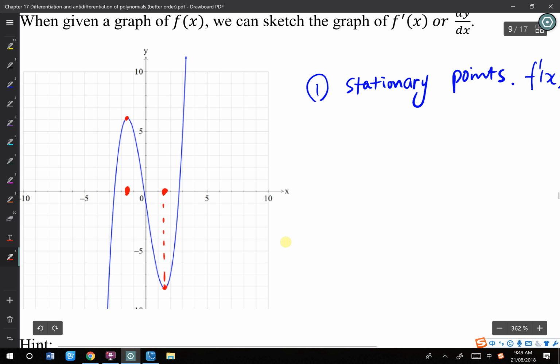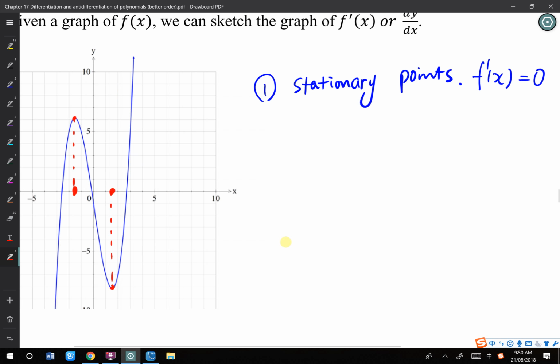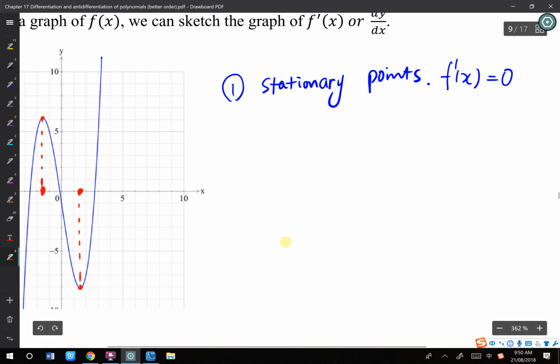Why is it an x-intercept? Because the derivative equals 0. So what I know is turning points become x-intercepts.